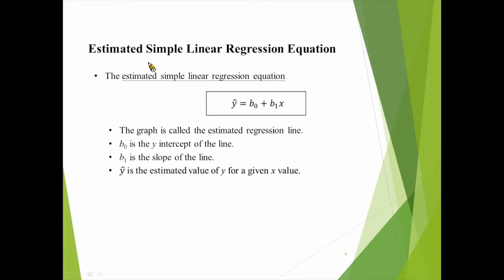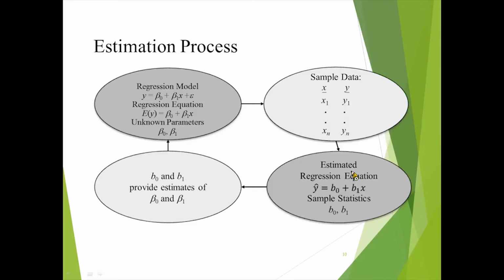So this is the estimated simple linear regression equation. This is the process: we have the regression model, y equals beta 0 plus beta 1 x plus epsilon, and the regression equation.